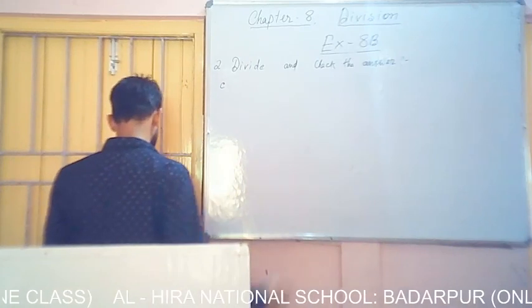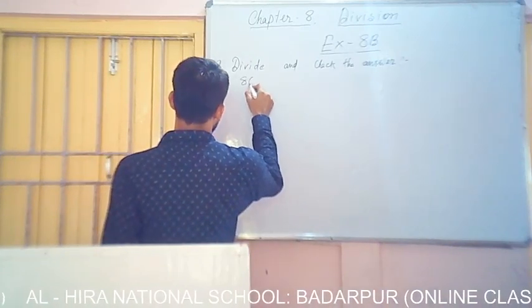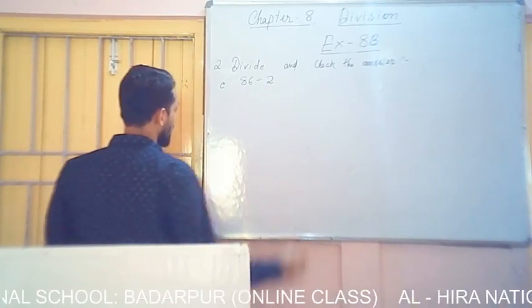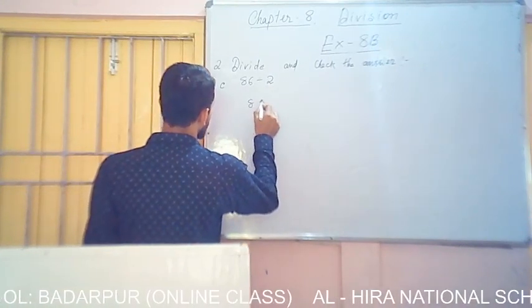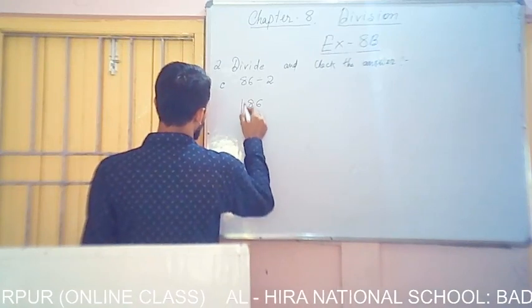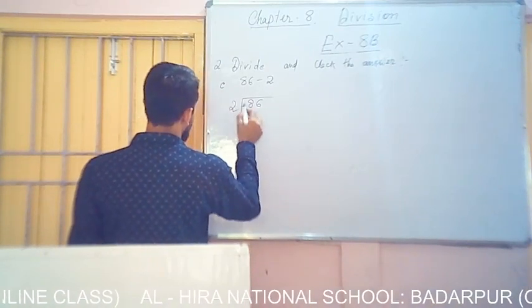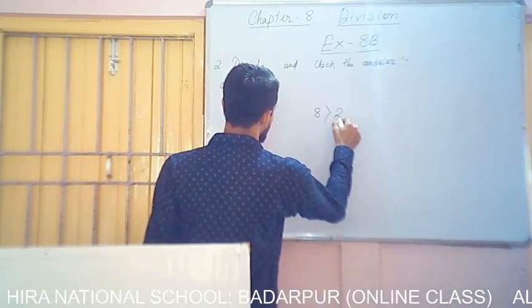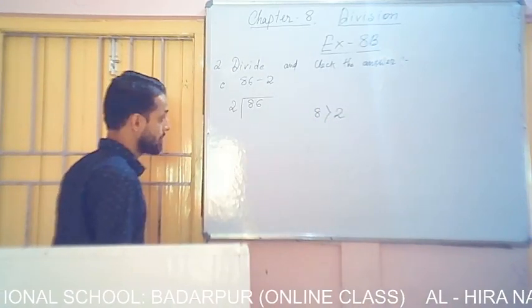So what is question number C? Question number C is 86 divided by 2. Here 86 is the dividend and 2 is the divisor. So here 8 is greater than 2. That means we can divide.